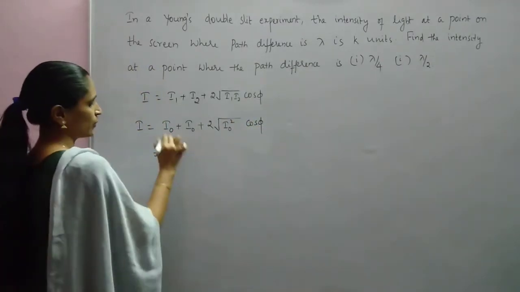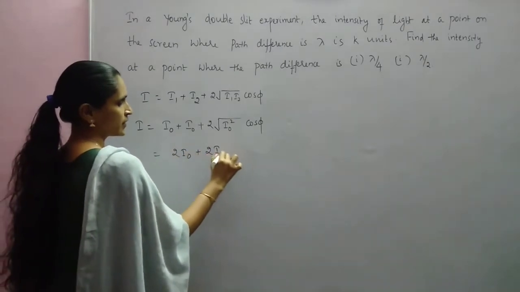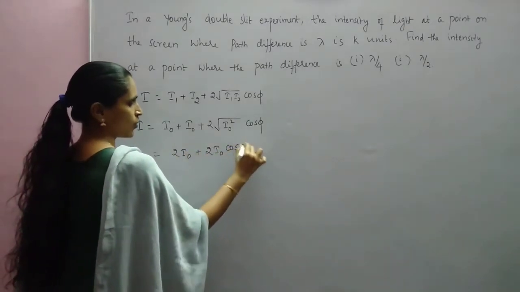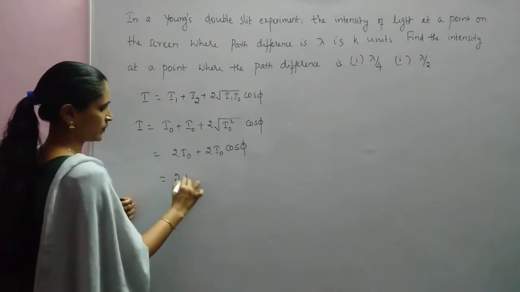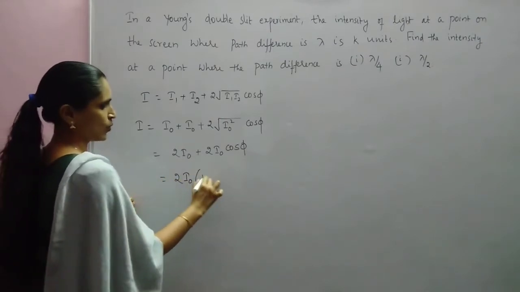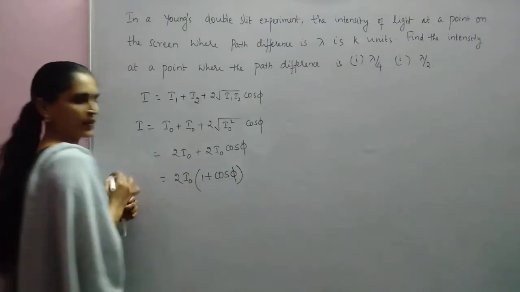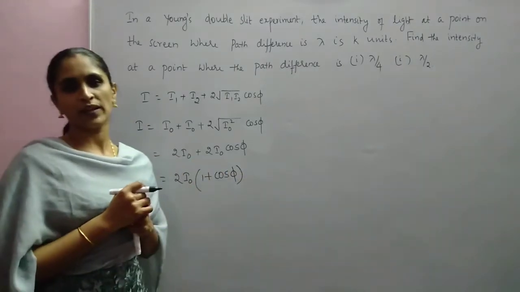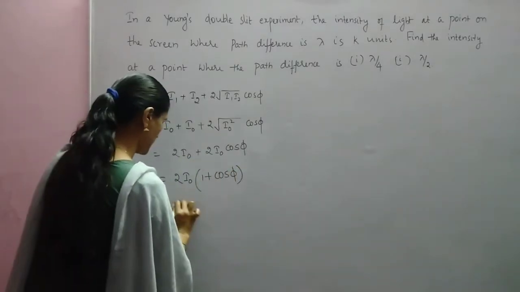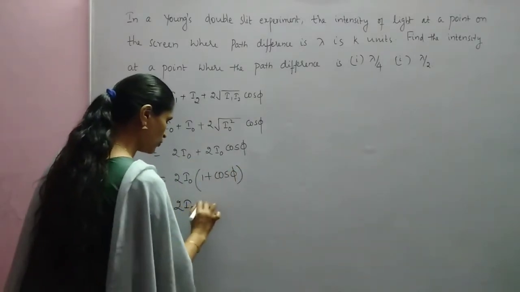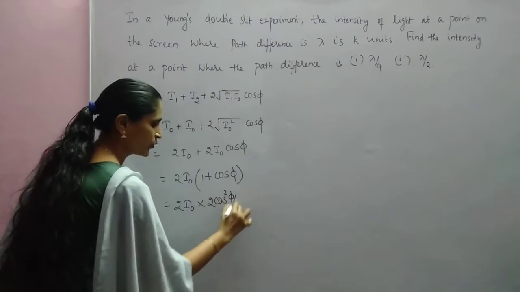What we can write is 2I0 plus 2I0 cos phi, or we can take 2I0 common: 1 plus cos phi, and 1 plus cos theta can be written as 2 cos square theta by 2. So here we can write 2I0 into 2 cos square phi by 2.